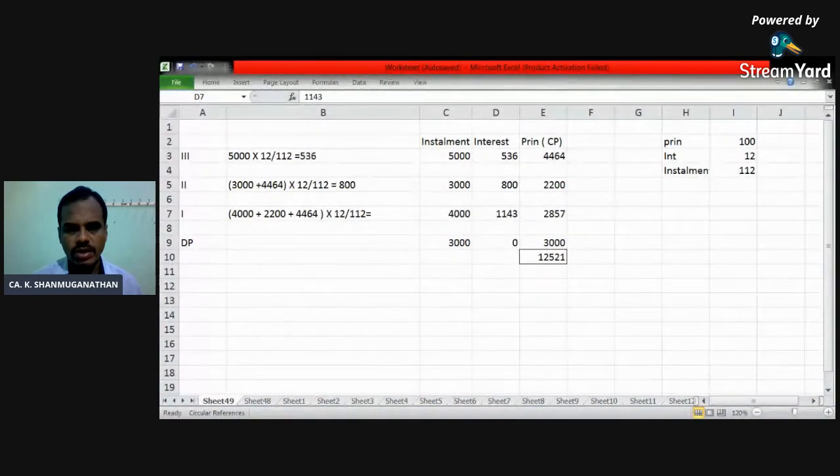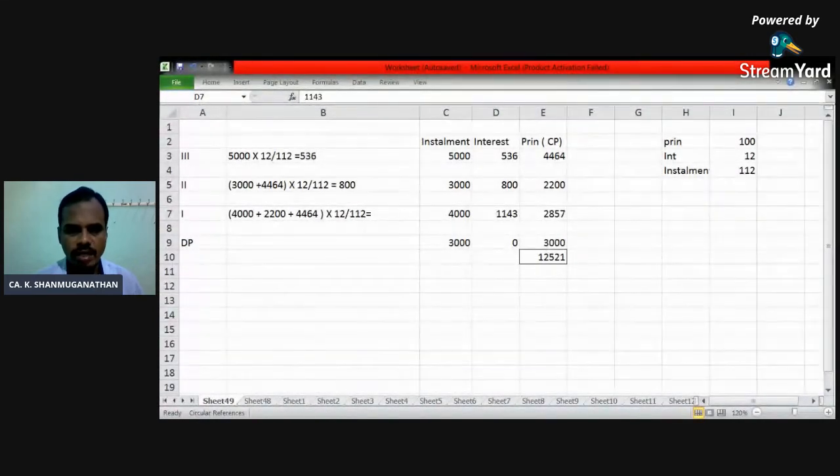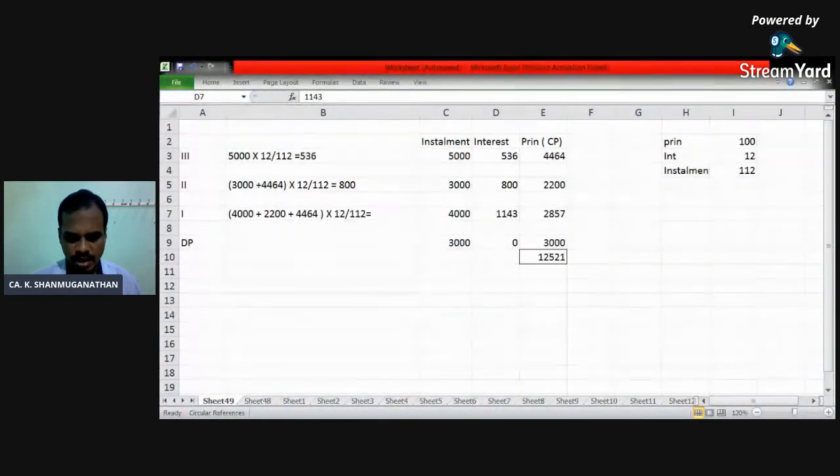A acquired on 1st January 2015 a machine under hire purchase agreement which provides for 5 half-yearly installments of 6,000 each, first installment being due on 1st July 2015. Assuming that the applicable rate of interest is 10%, calculate the cash value of the machine. All working should form part of the answer.